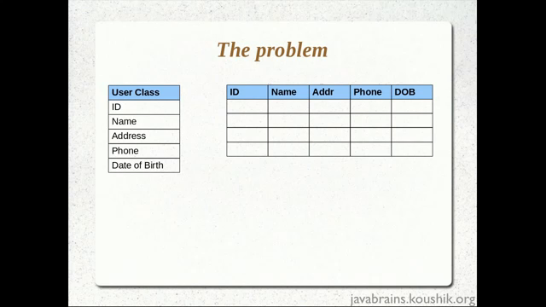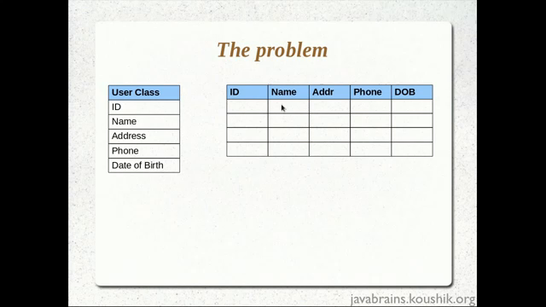Now I would take this user object and I would pull up all these fields, and I would create a SQL query that would do an insert, and I would insert it into this database. So depending on what the user's information is, those data would go as a SQL query and it would do the insert. The same way, if I need to create the user object, I would have to do a select on this table, and once I do a select, I would probably get a record set.